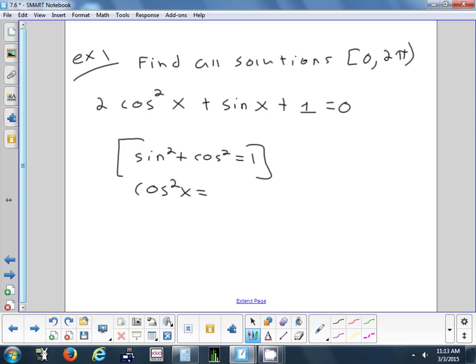So instead of having 1 by itself, I want to get cosine squared by itself. So anything that's not a cosine squared, put it on the other side.